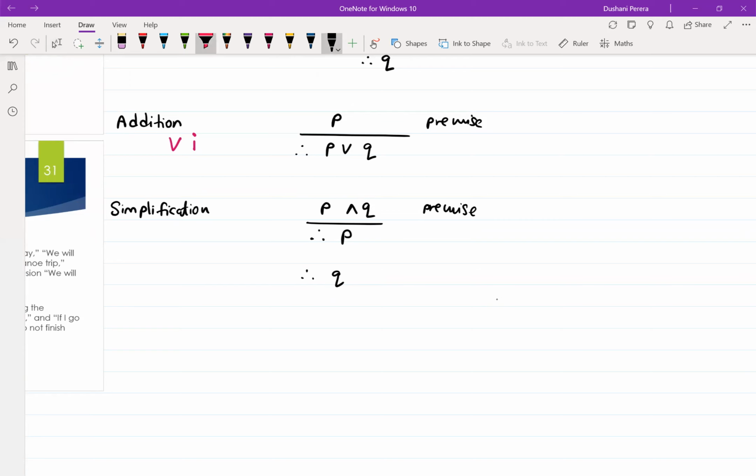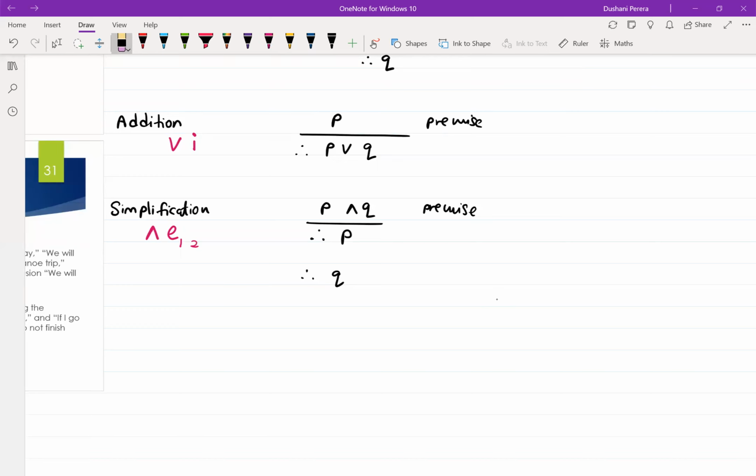Simplification. So the notation: the operation is and. Did you introduce or did you eliminate? You eliminated. That is an E. Whom did you keep? Underneath E, you get another number here. You write 1 or 2 or whatever. And what does that depend on?